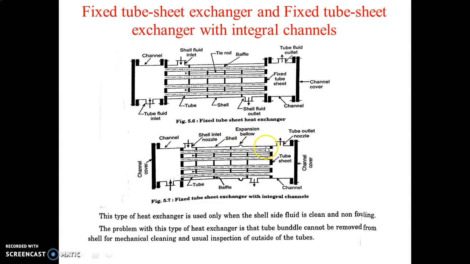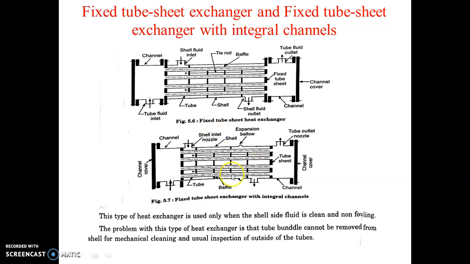So here the channels are welded, and the channels are also provided with covers. So these are the covers. In this case the tube sheet is not extended. If we look at this part and this part, the tube sheet is not extended beyond the shell. In the earlier case it is extended, but in this case it is not extended.